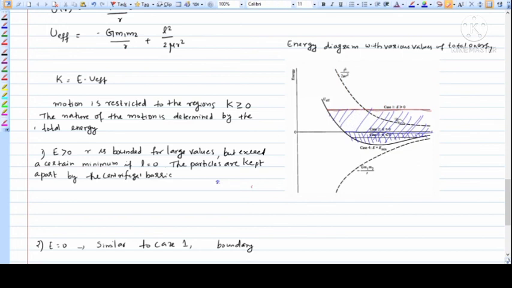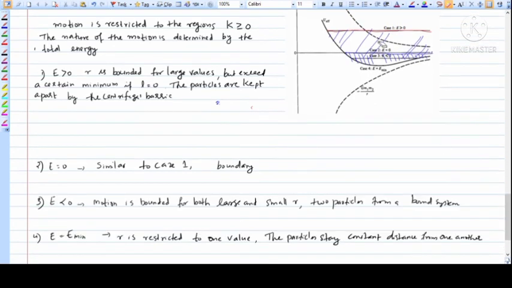In the third case, E is less than 0. The line corresponding to E less than 0 is this line.